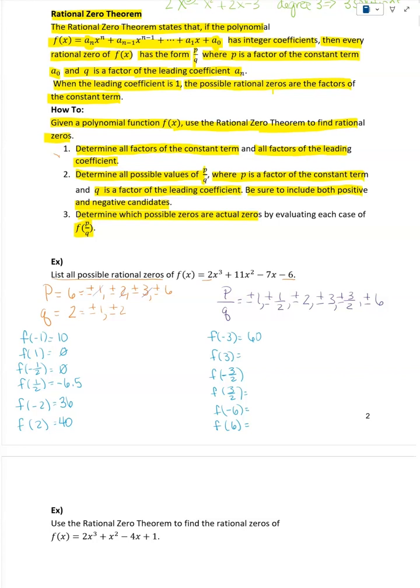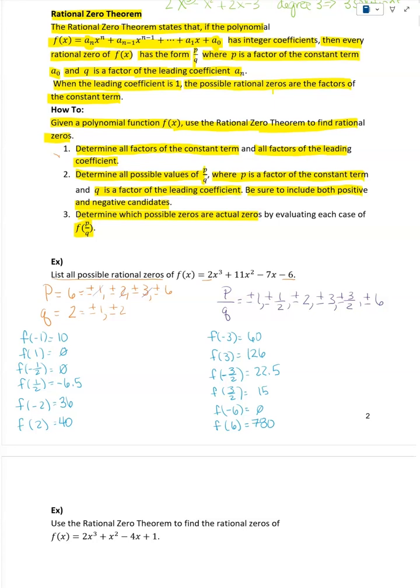Positive 3, I got 126. Negative 3/2, I got 22.5. Positive 3/2, I got 15. Negative 6, I got 0. And 6, I got 780.